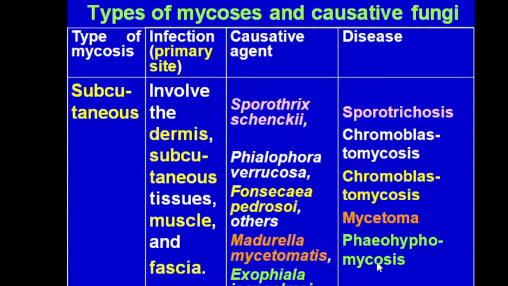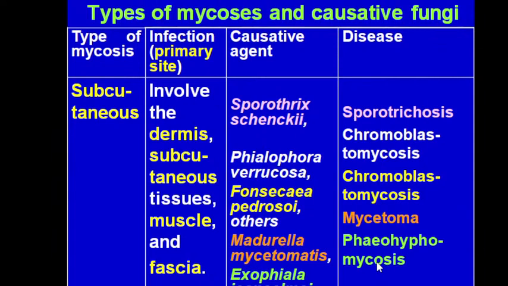Then, when fungi go deeper, they cause so-called subcutaneous mycosis. And usually the infection occurs through damaged skin. Usually they won't occur on the surface of skin that is not damaged. The skin is supposed to be injured, or fungi should be inoculated deeper inside the subcutaneous tissues.